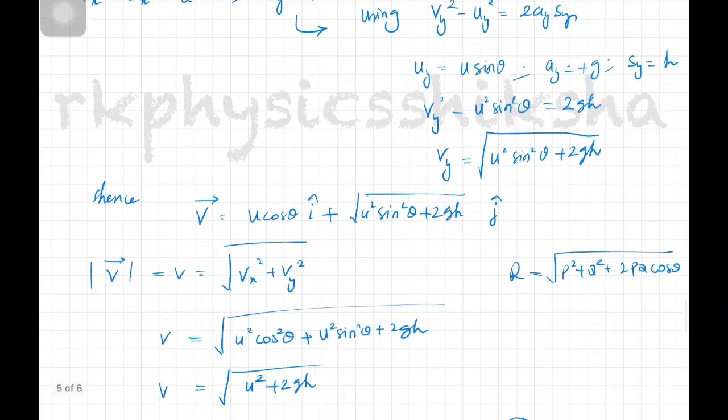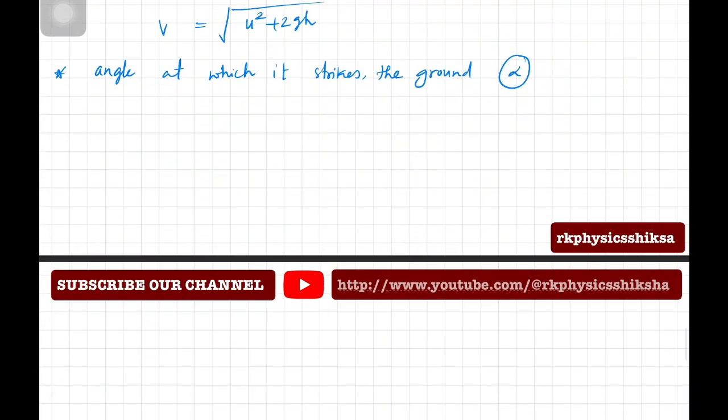I know the opposite value of velocity and the adjacent value, so tan alpha is equal to vy by vx, where vy is root of u square sine square theta plus 2gh divided by vx, which is u cos theta.